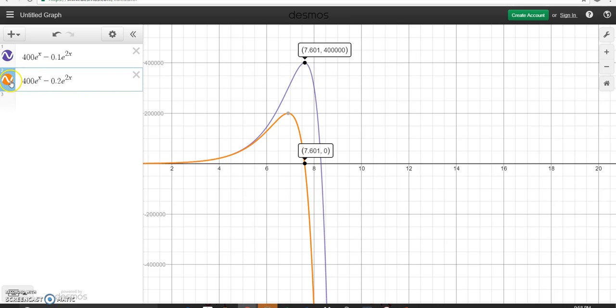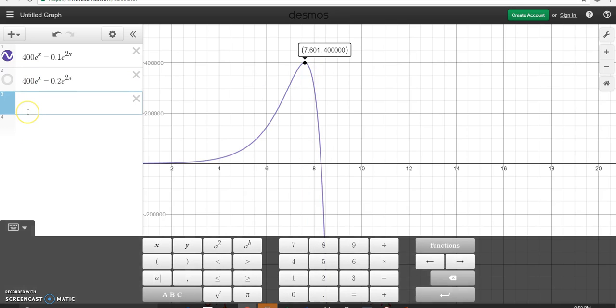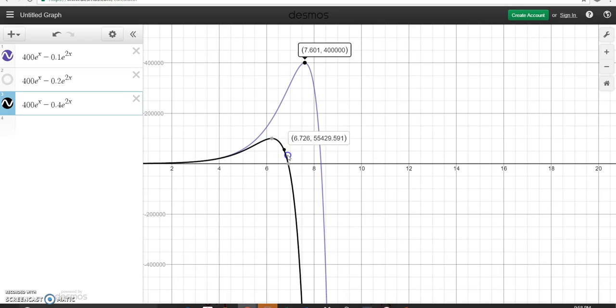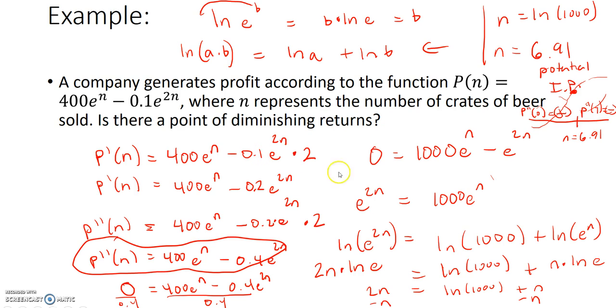But I don't want that function. What I really want to plot is the second derivative, 400 e to the x minus 0.4 e to the 2x. And what I see is that this second derivative is equal to 0, guess what? When x is equal to approximately 6.91, which is exactly what we came up with here.